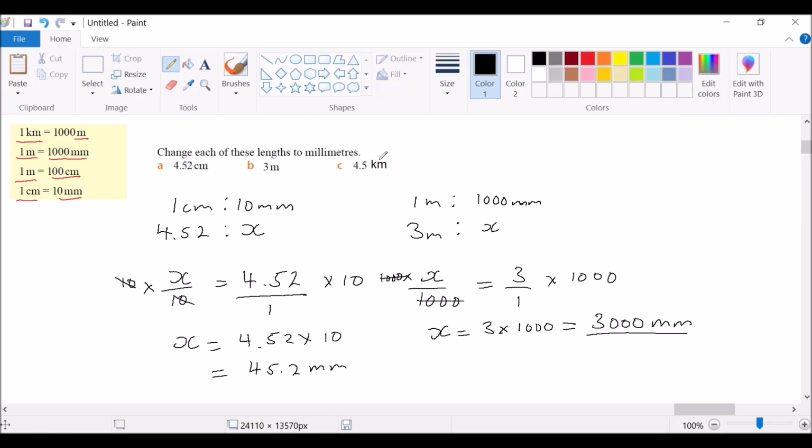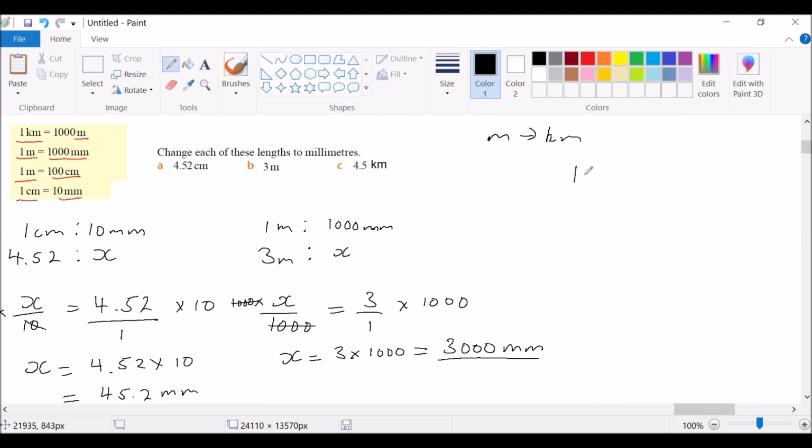Now for kilometers, we have a conversion from meters to kilometers. That's what we'll use first to get the meters. Then we can use the conversion from meters to millimeters, because here we don't have a direct conversion from kilometers to millimeters. So we can say 1 kilometer is to 1,000 meters. 4.5 kilometers is to x meters.